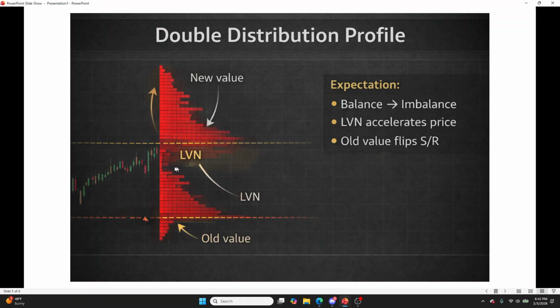You have this opportunity to target the low volume node and then repeat that exact same process within the new value, which will typically be either one, a point of control retest, or a high value area breakout, right? And then you repeat that process because once you get through this congestion, it's the exact same thing, right?